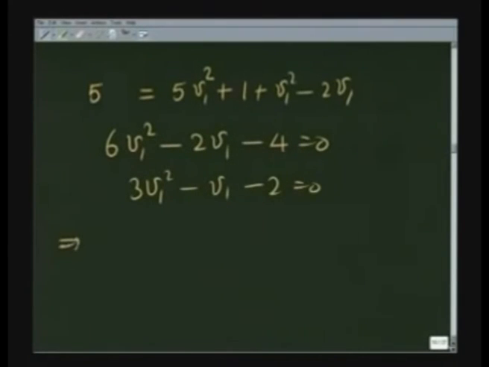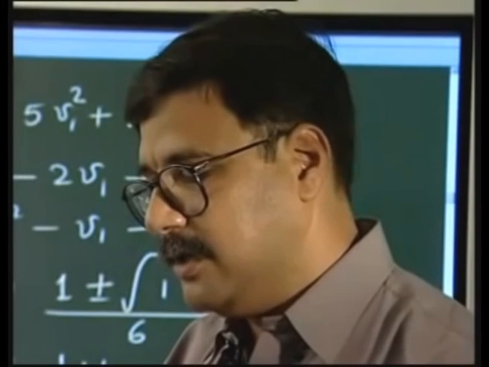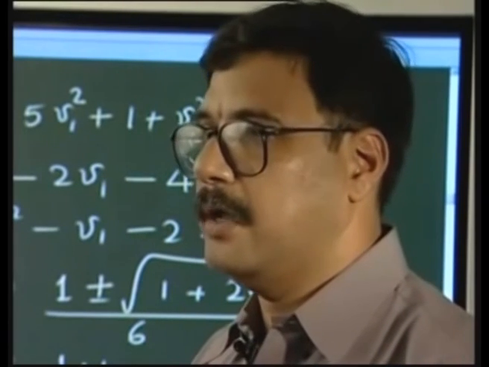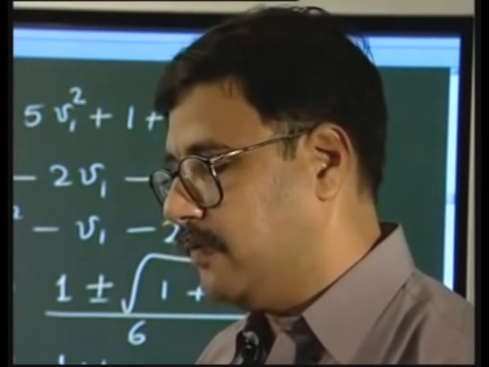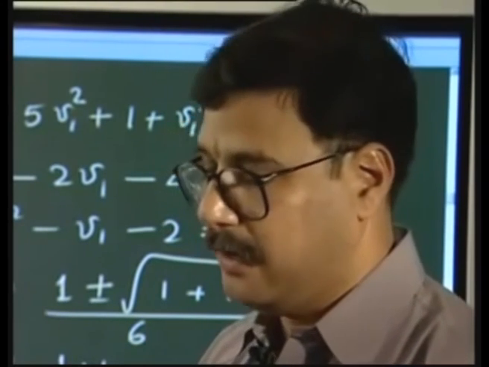This gives v1 equals 1 plus or minus square root of 1 plus 4 times 6, that is 24, over 6, and that gives you either 1 meter per second or minus 2/3 meters per second. This is a trivial solution, as if the collision did not take place, and this is the solution of interest, in which particle 1 hits particle 2 and goes back with this much velocity.